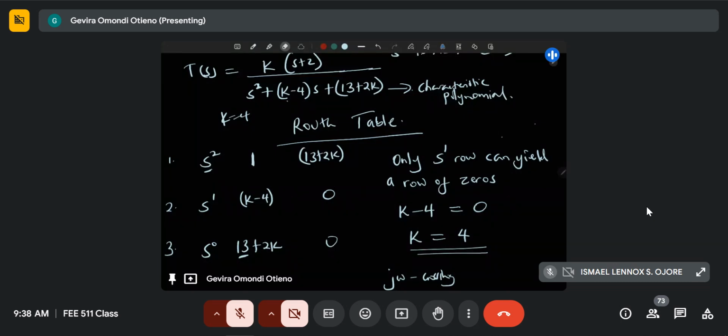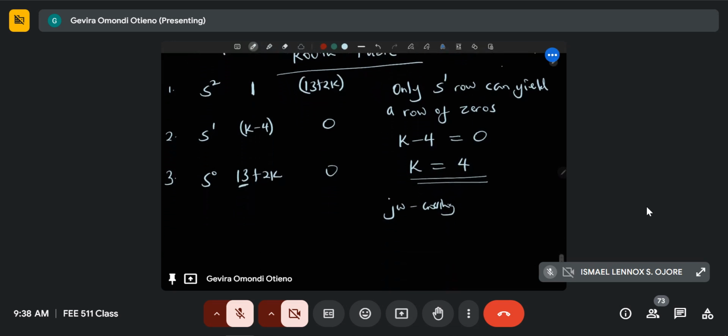Okay, so let's come back and say, how can you write out this polynomial in row 1 in full? That is very easy. We know this is the coefficient of S squared, so you will have S squared. Then this one is the coefficient of S to power 0, because we have to skip S to power 1. So plus 13 plus 2K.